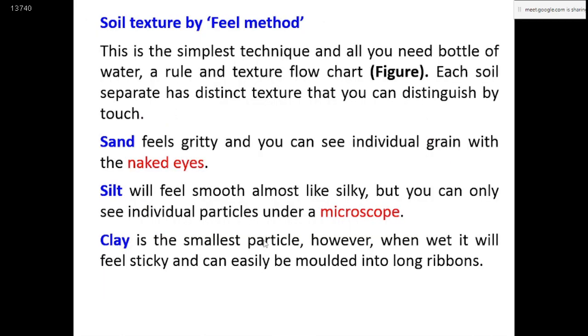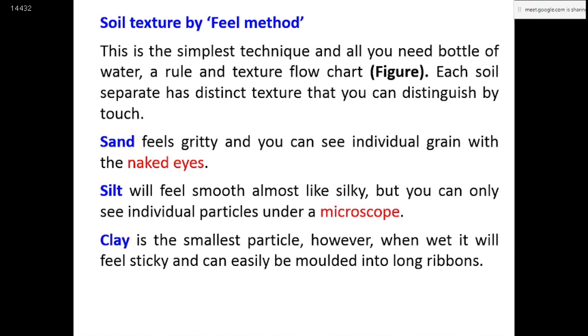Now another method is the feel method. This is the simplest technique, and all you need is a bottle of water and a texture flow chart. Each soil separate has a distinct texture that you can distinguish by touch. Sand feels gritty, and you can see individual grains with the naked eye.